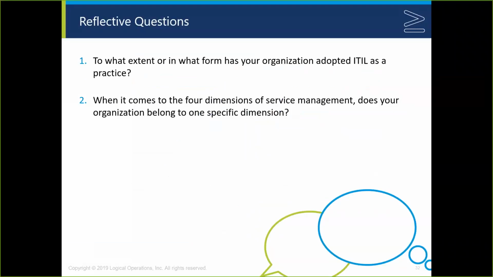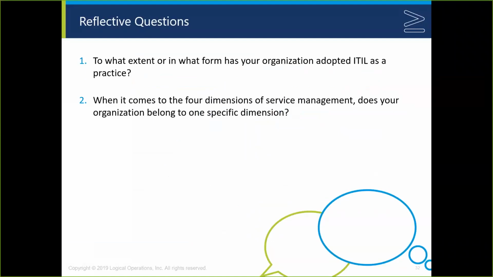So here we asked questions around, what particular level of adoption has your organization done related to ITIL? Some people may not have any idea. Other people may be very specific about certain tools they've adopted or certain processes they're utilizing, and this provides an opportunity for them to get some support and feedback.